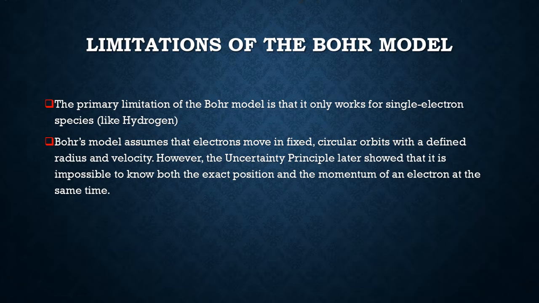For instance, if we are moving, we cannot tell our position in the course of our movement, and if we are standing, we cannot tell our movement. So according to Heisenberg, we cannot determine the exact position and the movement of a particle within its allowed state. These things account for the weaknesses of the Bohr model.